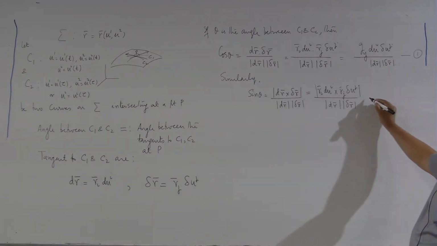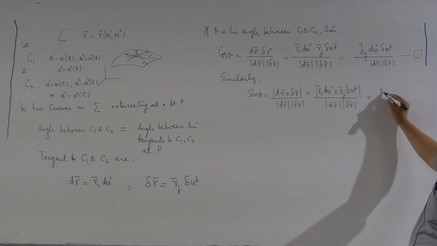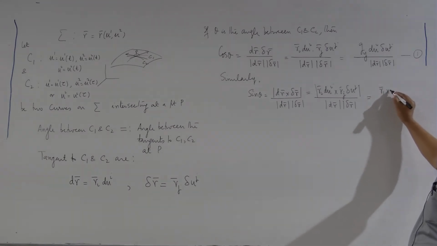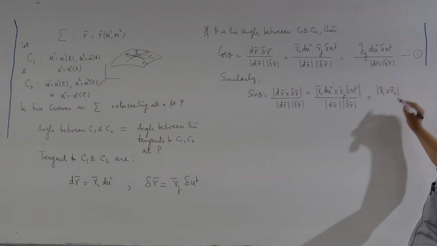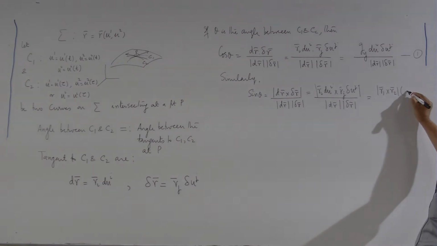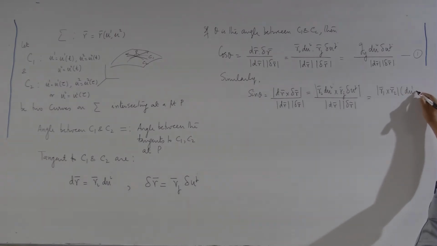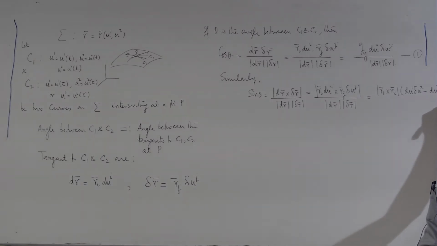After simplification, it will become r_1 cross r_2 into (du^1 delta u^2 minus du^2 delta u^1).